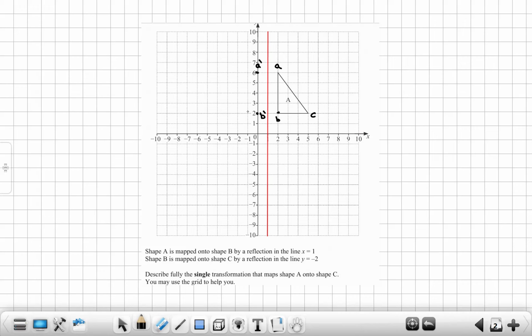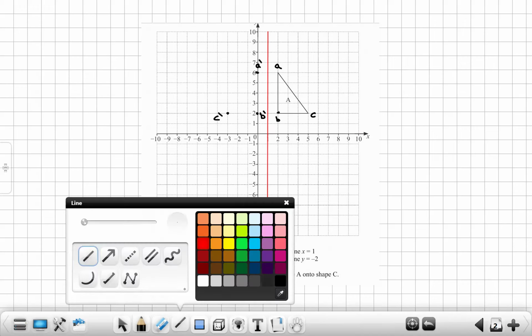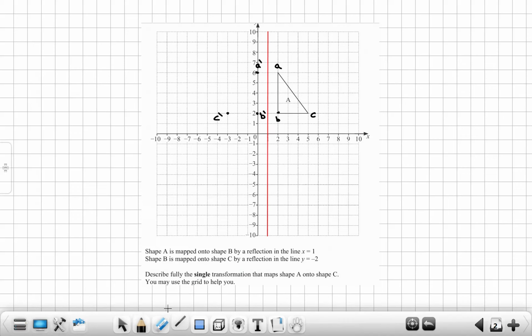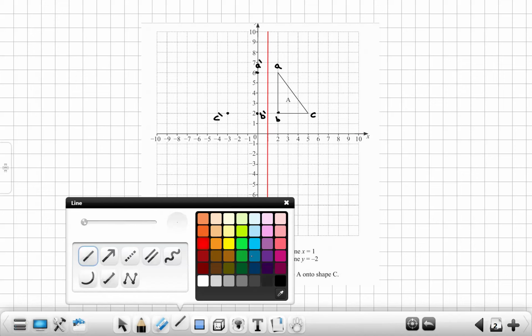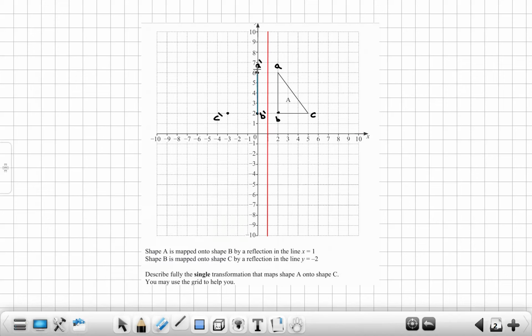So then 1, 2, 3, 4. It is this one over here. This is the image of C. Then after connecting it, let me change the color, make it blue. Here you go. This is the image B.